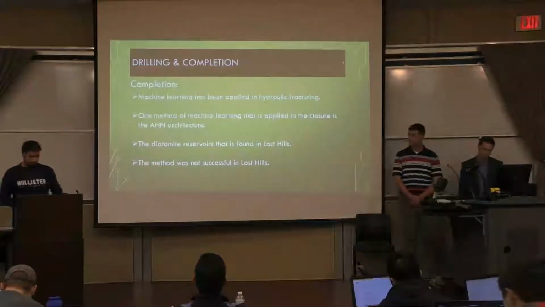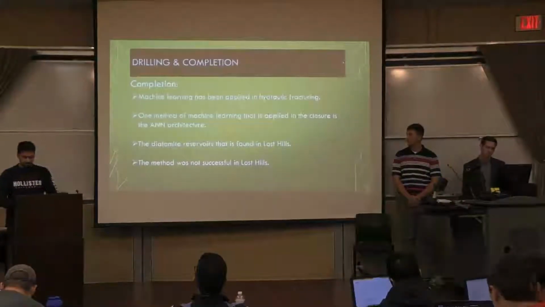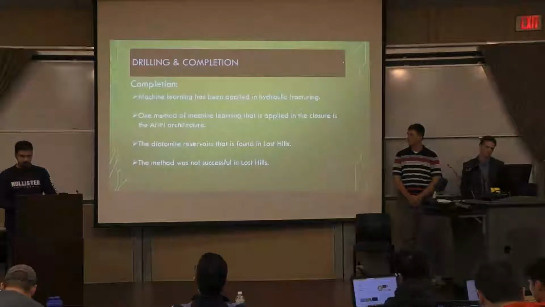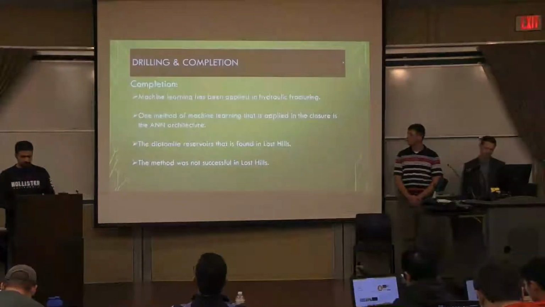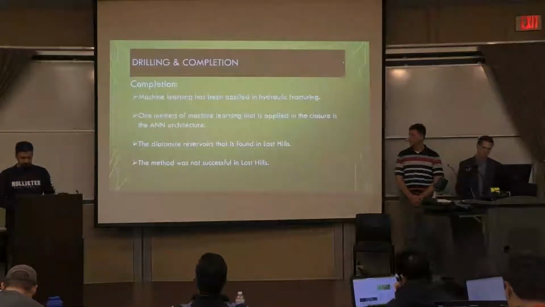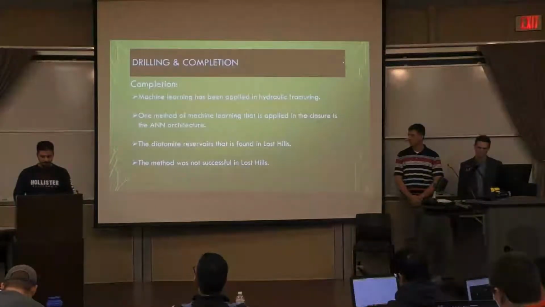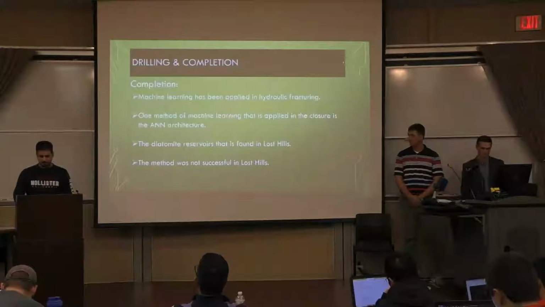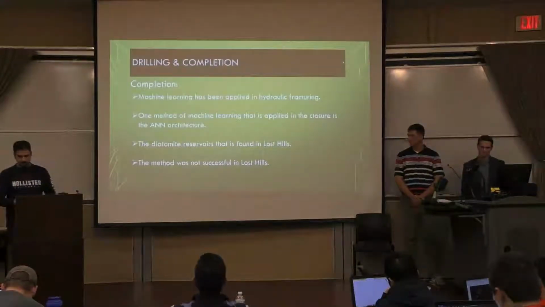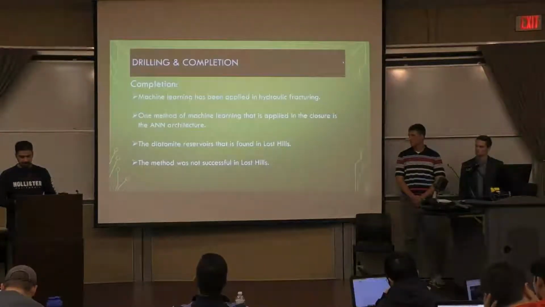For completion, machine learning has been applied in hydraulic fracturing for the purpose of production enhancement from shale reservoirs. For example, the US has some of the world's largest shale reservoirs, and it pumps a large number of treatments annually. One machine learning method applied in completion is the ANN architecture.